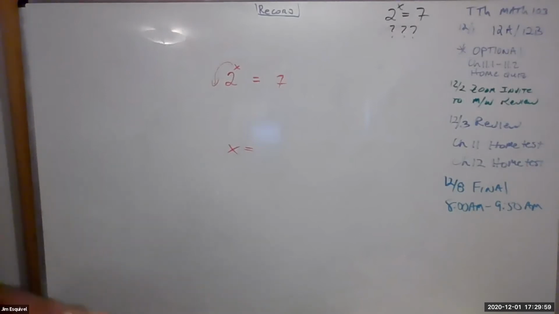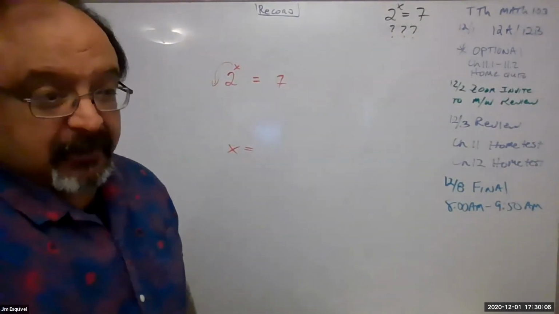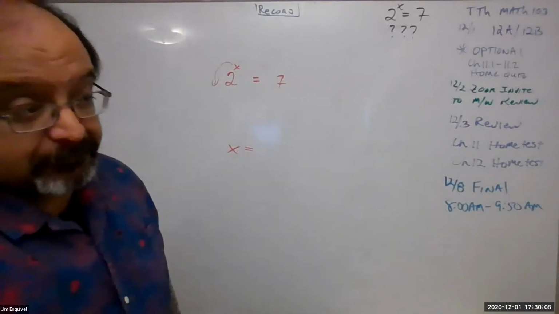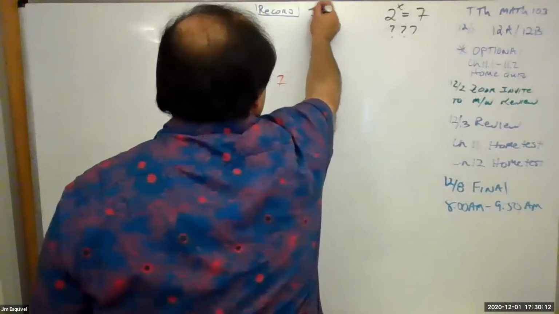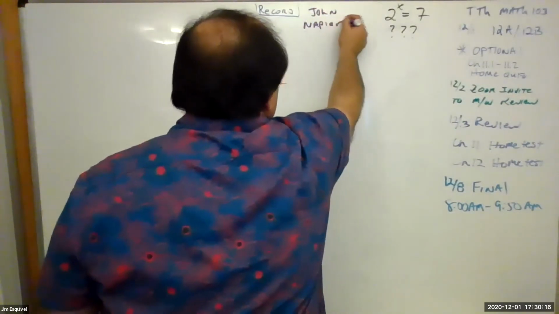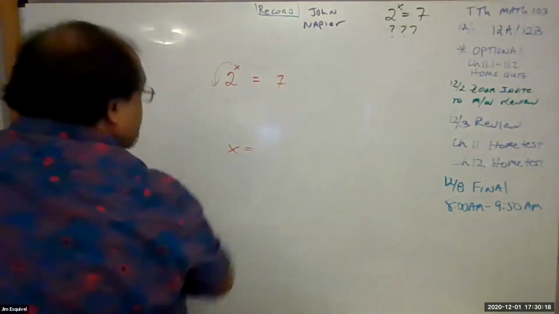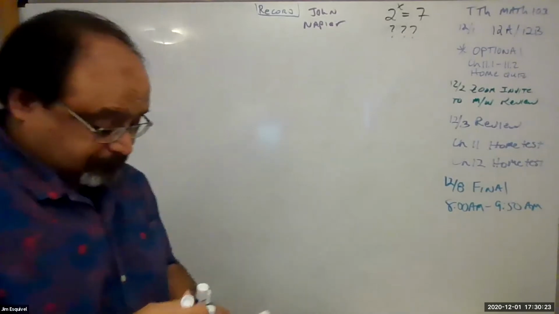So, along comes a Scotsman by the name of Jean Napier, or John Napier. Not that this will be on your test, but his name is John. I used to think he was French, but turns out he's Scottish.